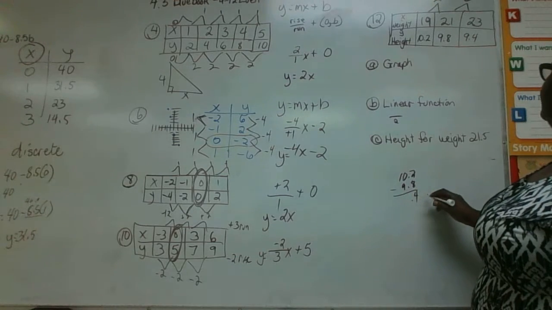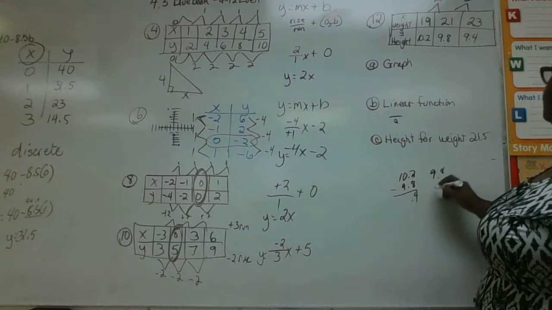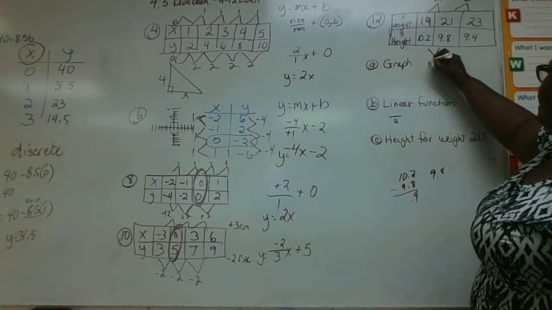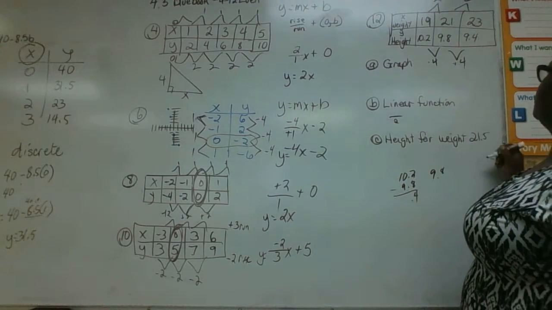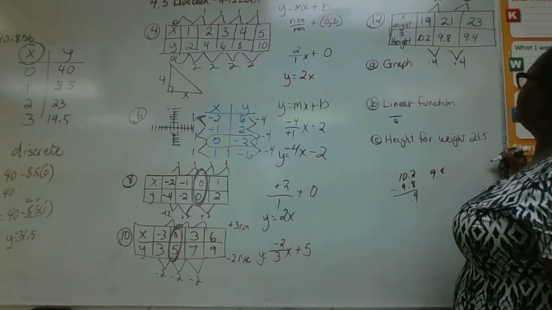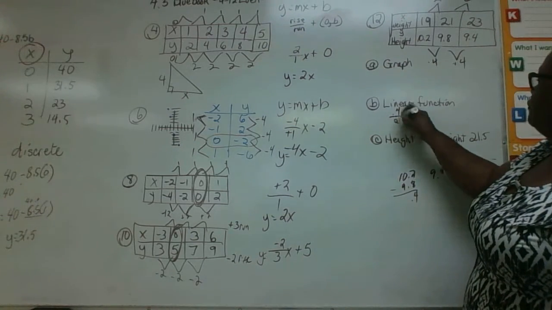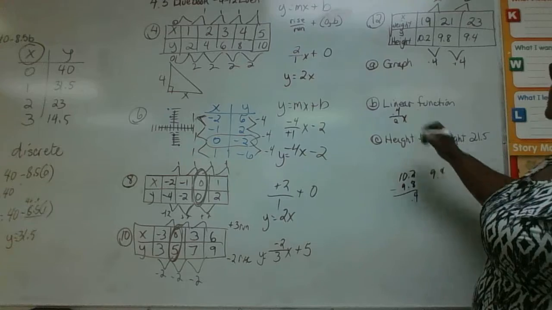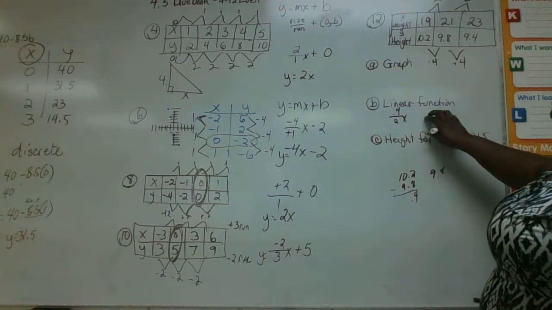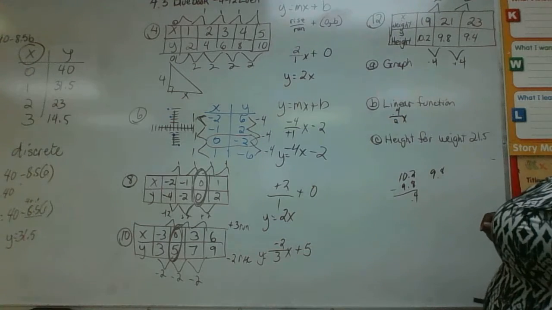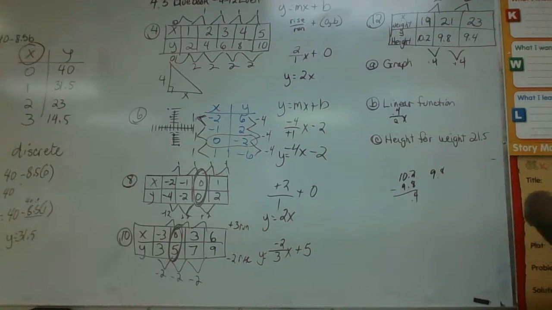Okay? And then from 9.8 to 9.4. So here we have 0.4, here we have 0.4. Okay? So therefore, the difference between the two is 0.4. Okay? X.